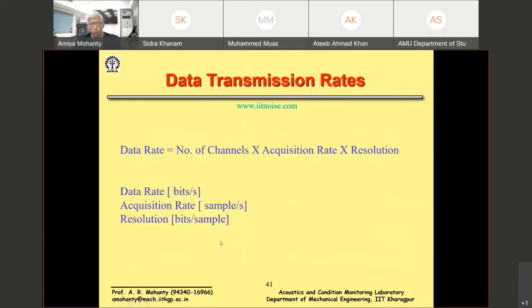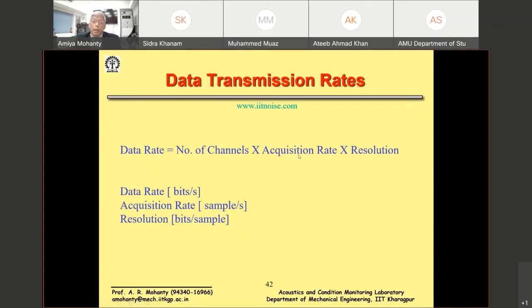So this brings to a very, very important slide, that the data rate which is transmitted depends on the number of channels of data I'm taking, the acquisition rate, and then the resolution. How many bits per sample? If each sample requires 24 bits, that means how much? 3 bytes.